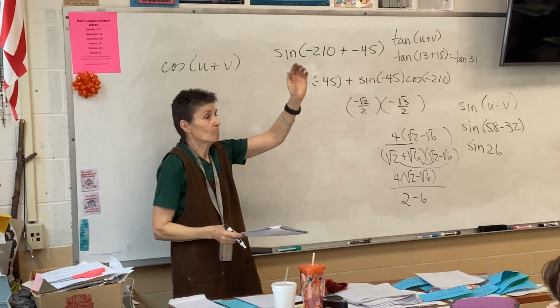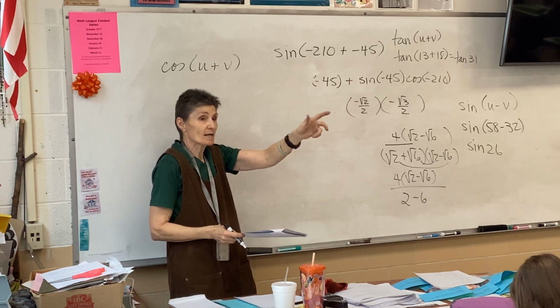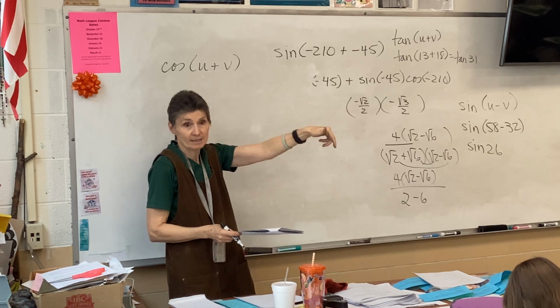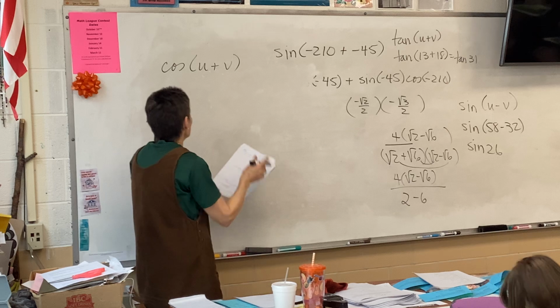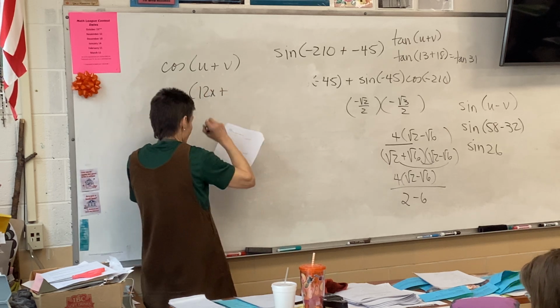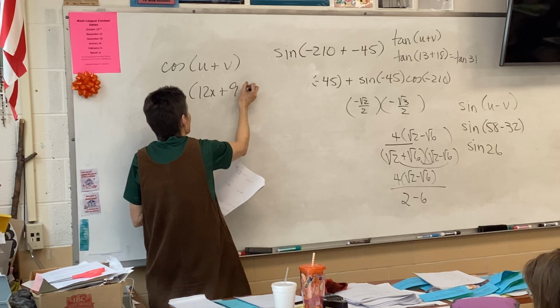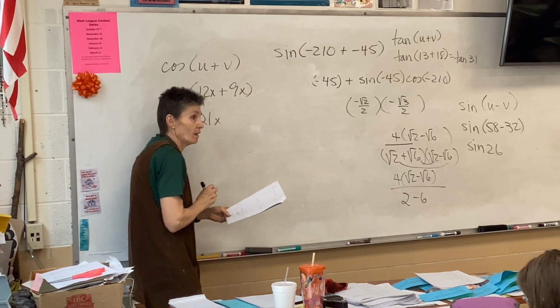Cosine, cosine plus sine, sine is u minus v. Cosine, cosine minus sine, sine is u plus v. So what's my u? 12x. And my v is? 9x. 21x. So this is the cosine of 21x.